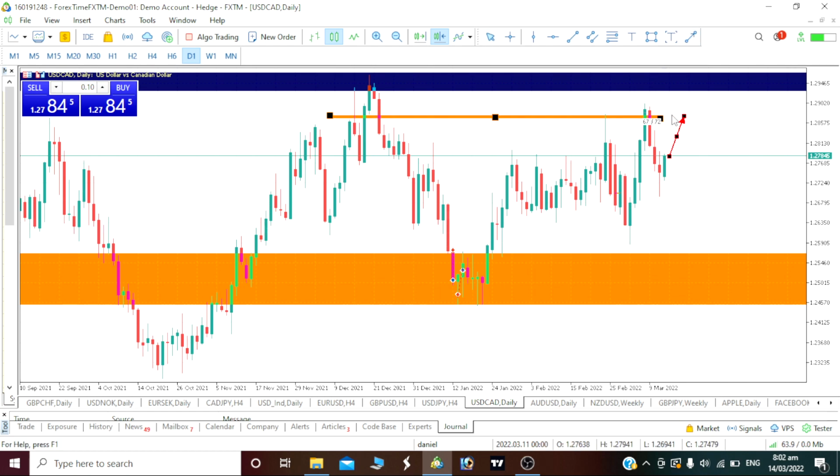So probably this area here, which is 1.28732, then after that we can see our movement to this area here. So we would want to be taking our buy to this movement here. Let's see if we can grab a lot from this place here where our price has retreated and tested multiple times. So we would want to be taking our buy position there.